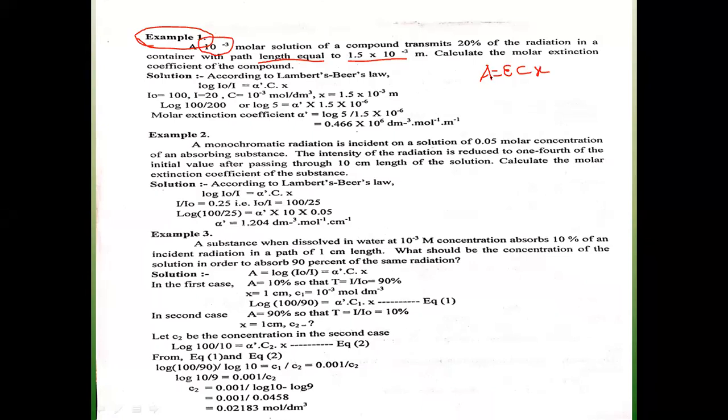So you have the value of concentration, 10 to the power minus 3, which means 0.001. So concentration we know, thickness, the length, we also know, the x value. And absorption, here transmittance is given, 20%. So we can get the absorption from here. If you know the absorption, then you can find out the value of molar extinction coefficient.